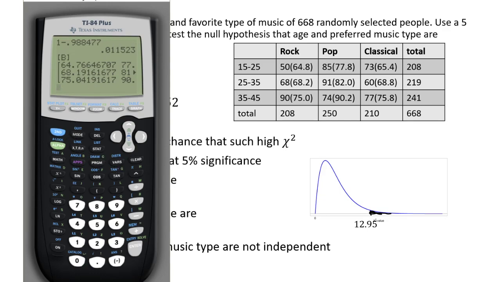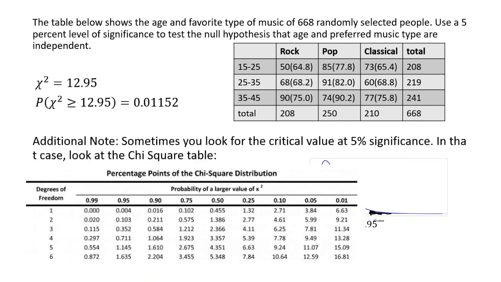Okay, the last remark I have is that sometimes the questions might be formulated so that they ask you for the critical value, and then you have to figure out whether your chi-squared test statistic lies in the rejection region or not.